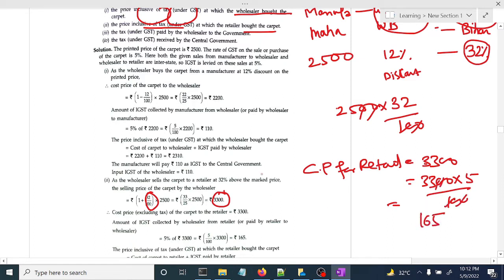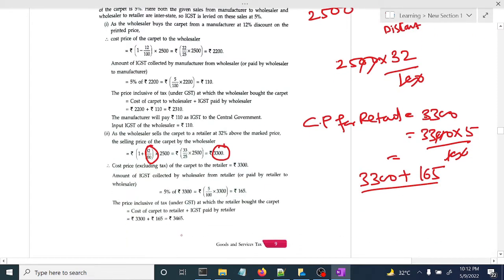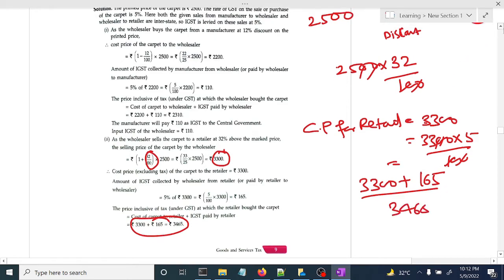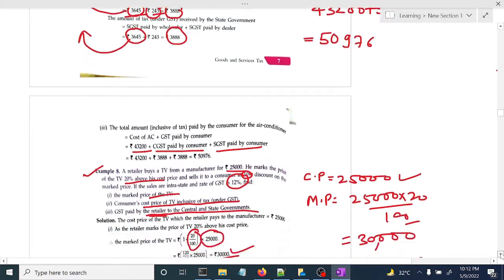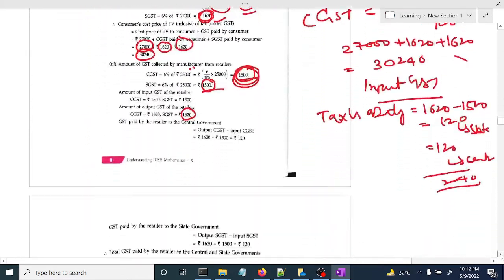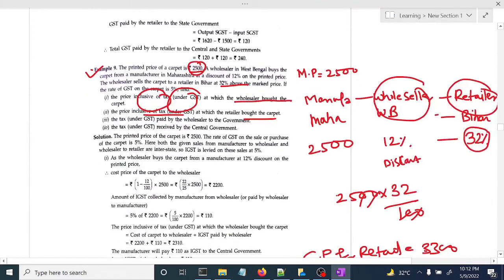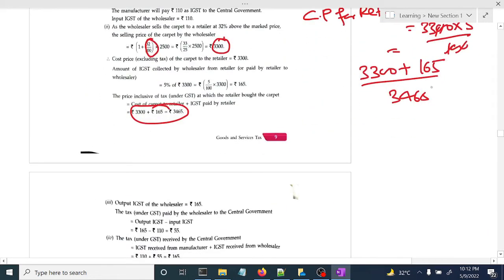So the price is 3300 plus 165, that is 3465. This is the price at which the retailer bought it. Second part, the price at which the retailer bought it: 3465.